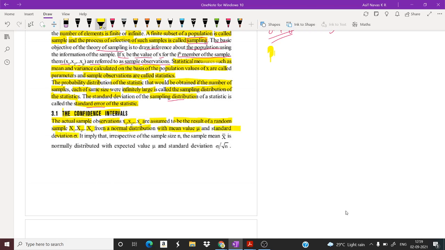And we know that if we take random variables with the same mean and variance, and the number of samples is very large, that follows normal distribution by the central limit theorem. Now the sample mean x bar is normally distributed, as we already studied from the central limit theorem, with mean mu and standard deviation sigma by root n. And last class we discussed x bar follows normal mu, sigma by root n.